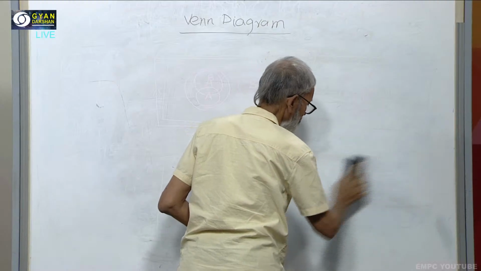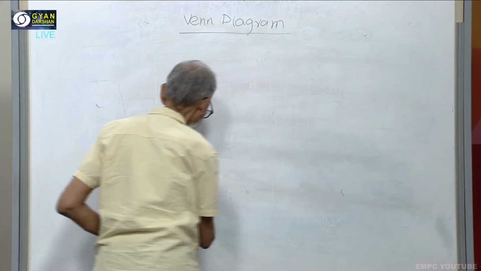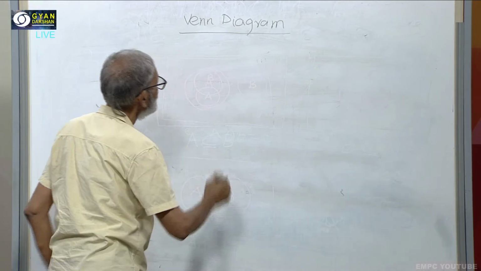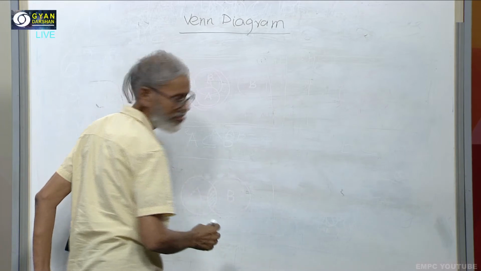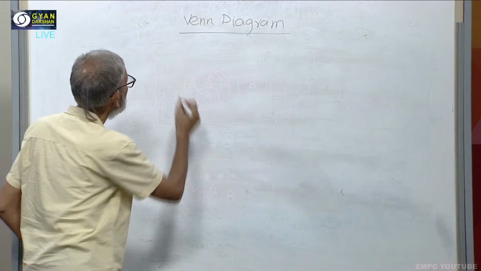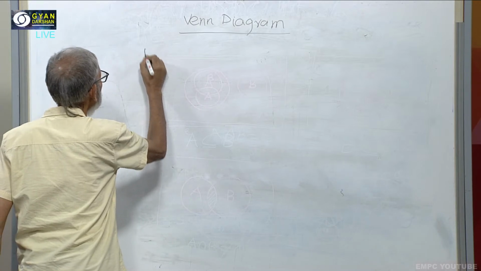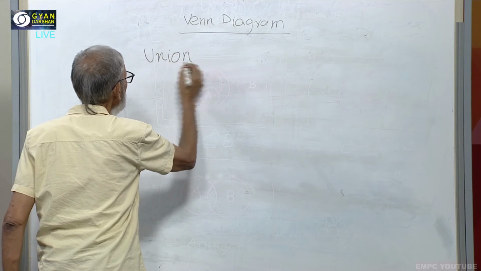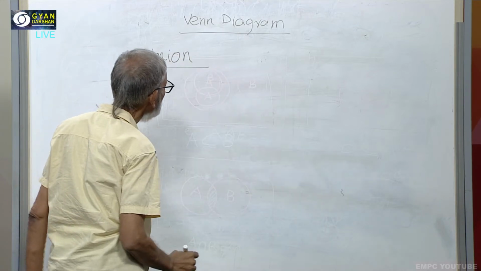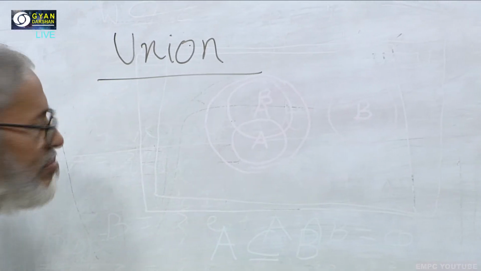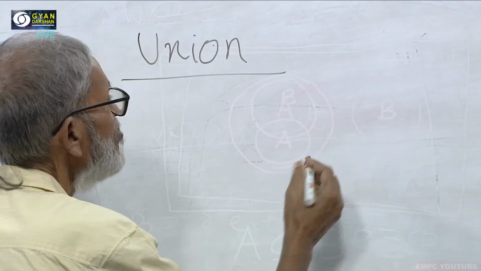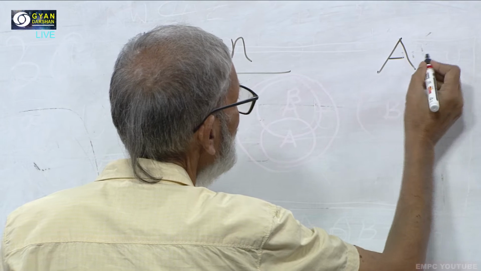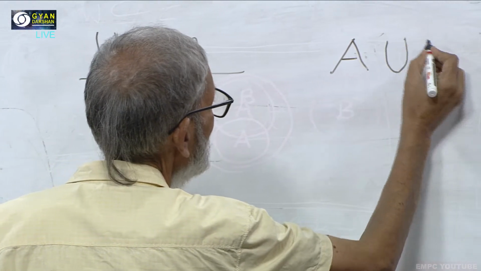But there are some rules you have to remember. The first operation is union. Very simple. It is similar to addition in arithmetic or algebra. So, if there are two sets A and B, if we want to add, then we write like this: A union B.